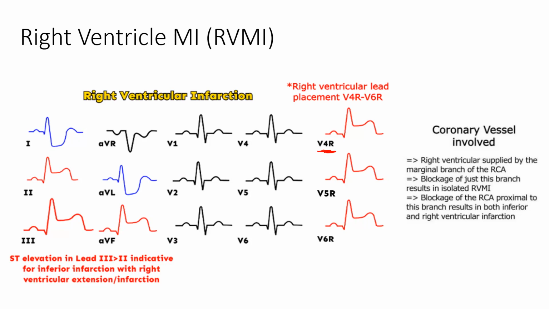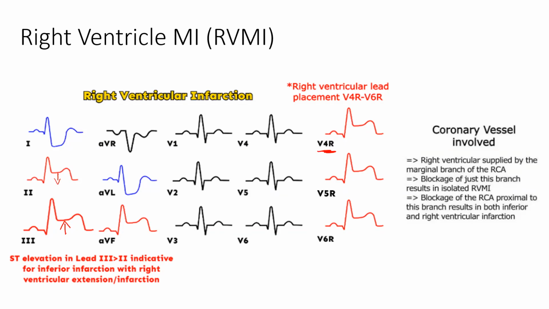One of the criteria we use is when your lead 2 is not as big as your lead 3. If your elevation in lead 3 is greater than your elevation in lead 2, doesn't matter how big, even if it's greater by 0.5 or 1 millimeter, you need to suspect a potential right ventricular extension of that inferior infarction. So if you're seeing lead 3 and already saying, wow, that's a really big elevation, you want to do a V4R.